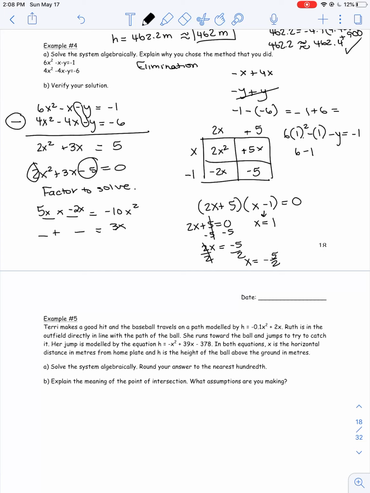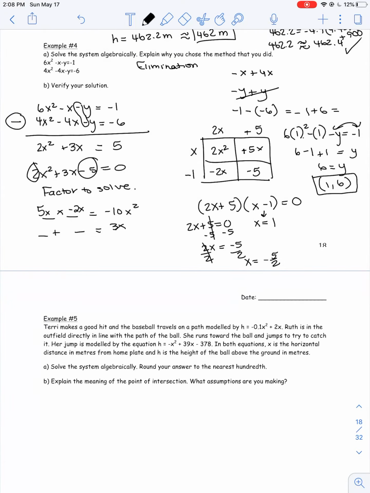So this is going to be 6 minus 1, and we're going to bring the negative 1 to the other side, making it positive 1, and we're moving the y to this other side to make it positive y. So those guys essentially switch sides. So that should give you a 6 for y. So our coordinates would be 1, 6. So that's one possible solution.